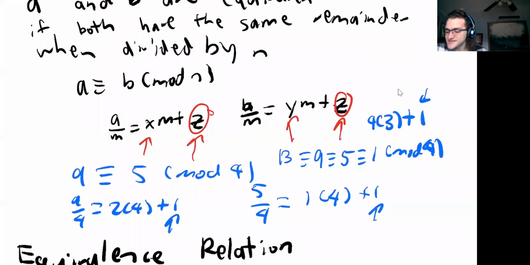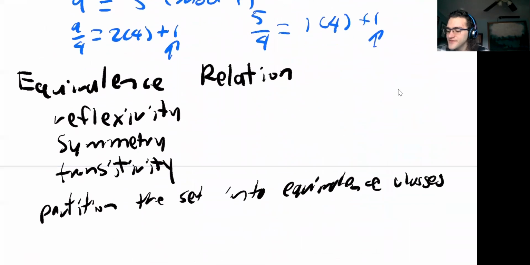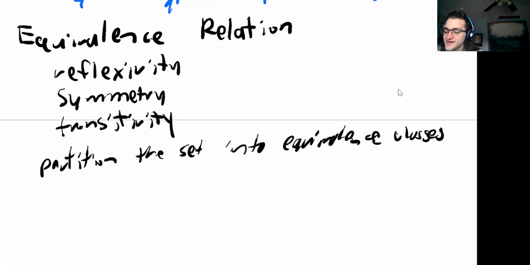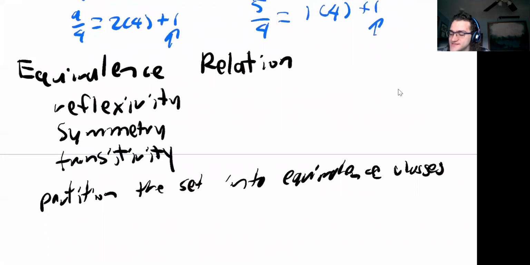And so we might ask, is this an equivalence relation? As a quick refresher, an equivalence relation has the properties of reflexivity, symmetry, and transitivity, and we can partition the set into different equivalence classes. Reflexivity: mod is defined on the set of integers.